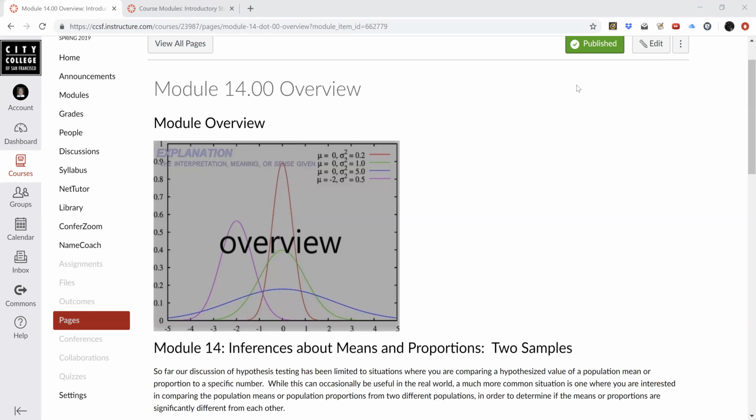So we've got two different groups, populations we call them, and we have a sample statistic, either the sample mean if it is a quantitative variable, or the sample proportion if it is a categorical variable, and we're trying to compare to see whether those two sample statistics are different enough to lead us to conclude beyond a reasonable doubt that the difference in the population parameters in those two populations is also different. So that's what we're going to be doing in Module 14.